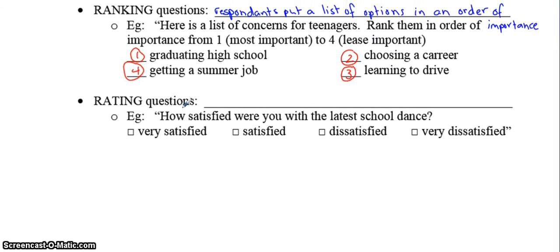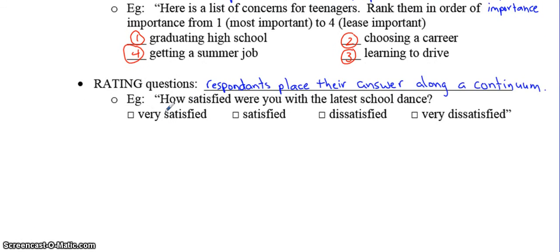Lastly, rating questions are when respondents place their answer along a continuum. For example, how satisfied were you with the latest school dance? Were you very satisfied, satisfied, dissatisfied, or very dissatisfied? They may also use a numbering system.